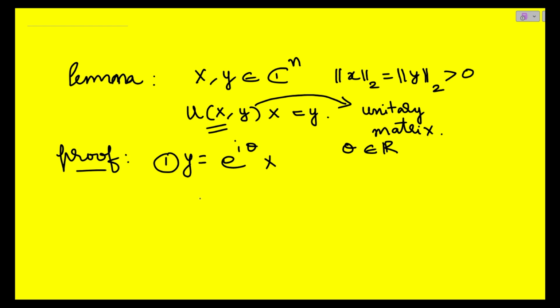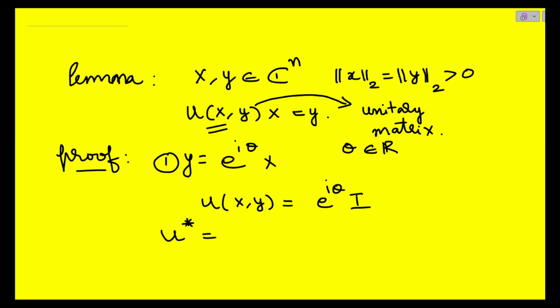The unitary matrix in this case will turn out to be nothing but e to the power i theta times the identity matrix. First of all, is this a unitary matrix? Yes, because when you take U star, the identity matrix is all real numbers, so it stays the same.